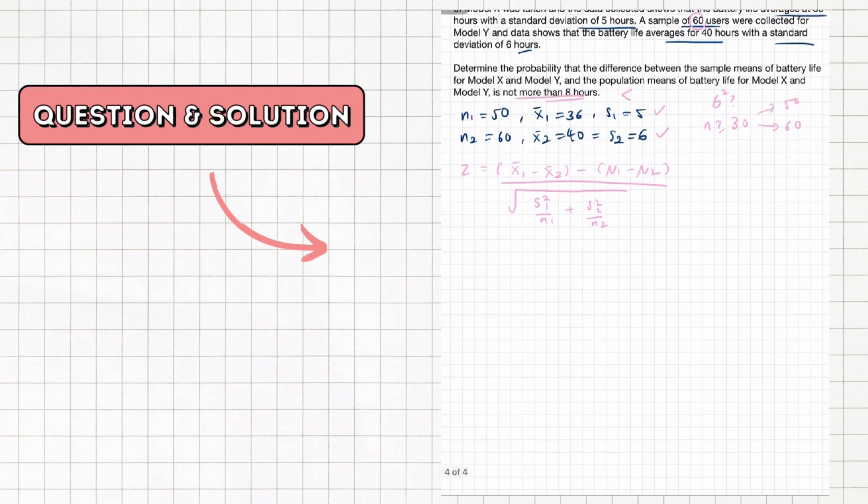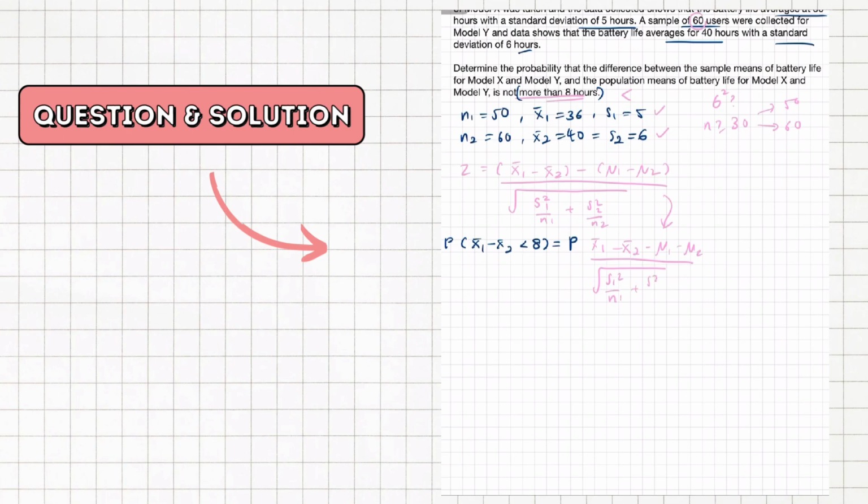Now, like the question wanted us to do, which is not more than 8 hours, the probability will be written like this. P of less than 8 equals P, write down the formula, mu 1 minus mu 2, this is exactly the same. You can just copy it.